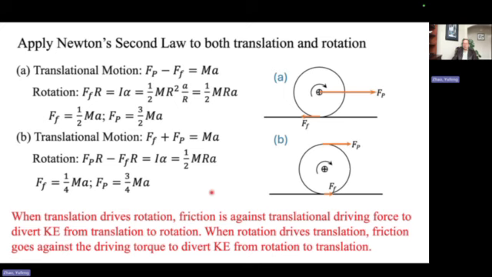To understand the physical meaning of these two situations, we have to understand that when translation drives rotation, friction is against the translational driving force to divert the kinetic energy from translation to rotation. But when rotation drives the translation, the friction goes against the driving torque to divert the kinetic energy from rotation to translation.